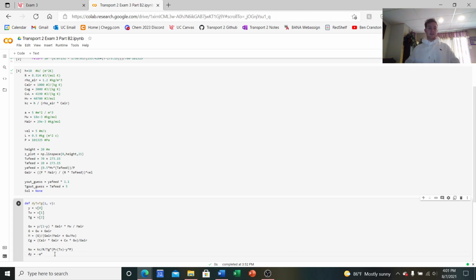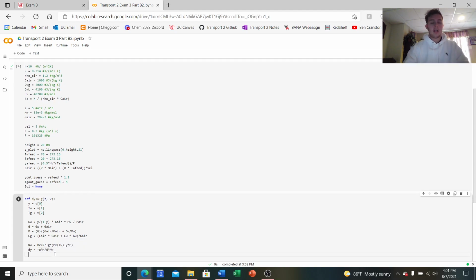And remember, this negative is because when we're looking at the actual problem itself, the z orientation is increasing as it goes downward, so we do have to keep that negative. We'll be doing that multiplied by the total average molecular weight we've calculated right above it, and we're going to divide by the total gas flow rate, multiplied by that molar flux of water. And that'll give us our first differential that we derived back in part 4.